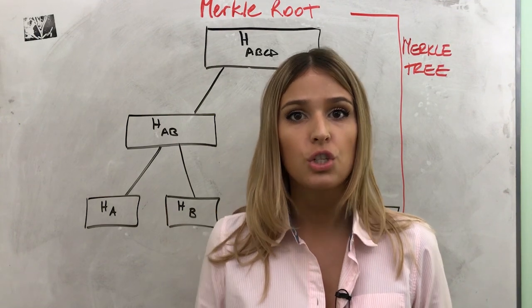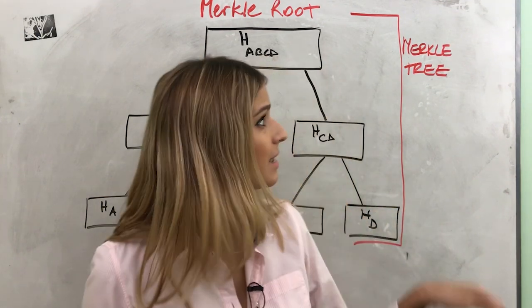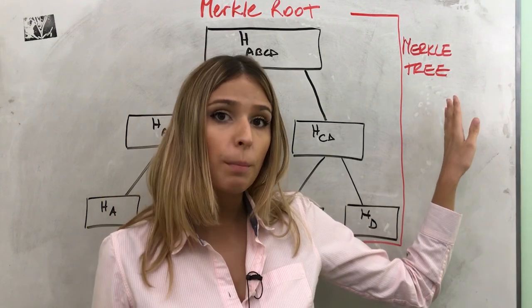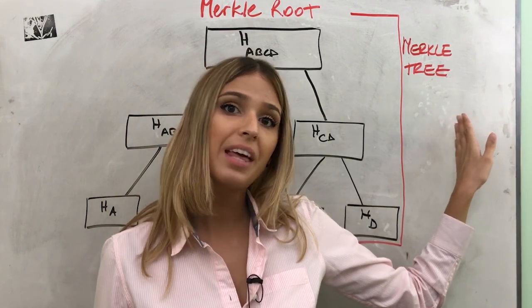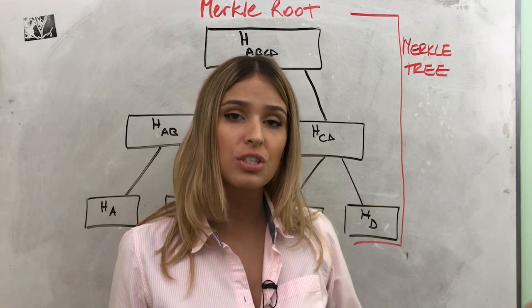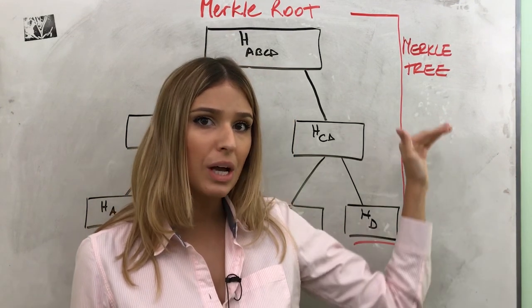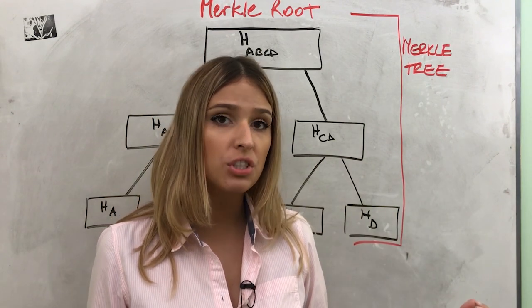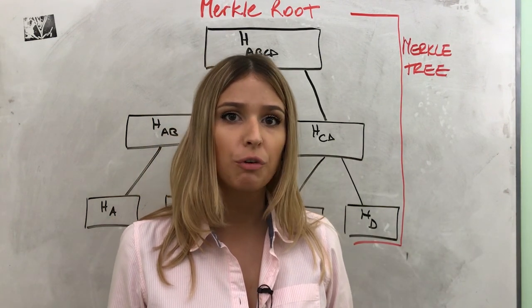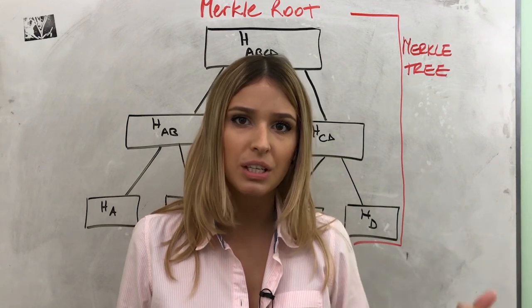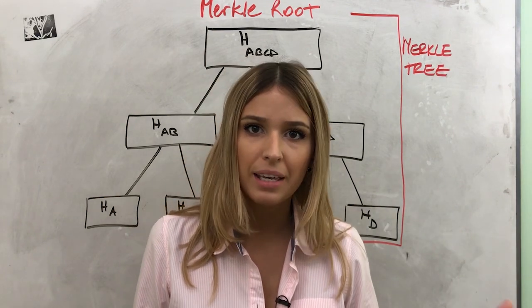All right? So a Merkle tree is a data structure composed of all the hashes of all the transactions that are in the block.